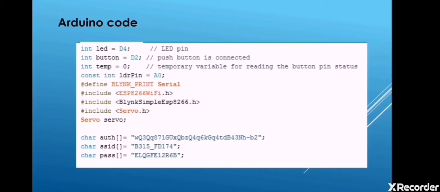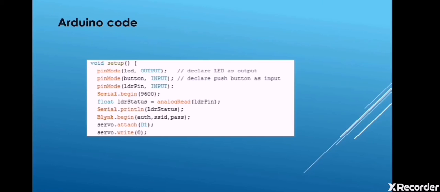So in this chapter, I first put the token that the Blynk app sent, and the SSID, which is my Wi-Fi, and the password of my Wi-Fi. So next in the setup, I let the LED be the output, and let the button pin and the LDR pin be the input.